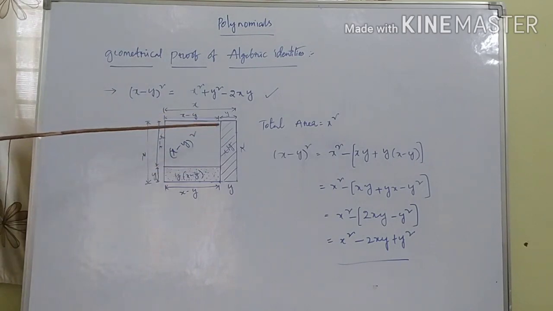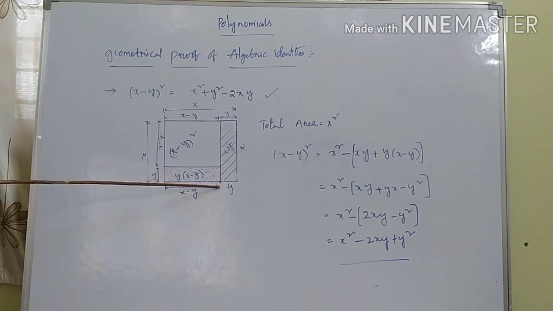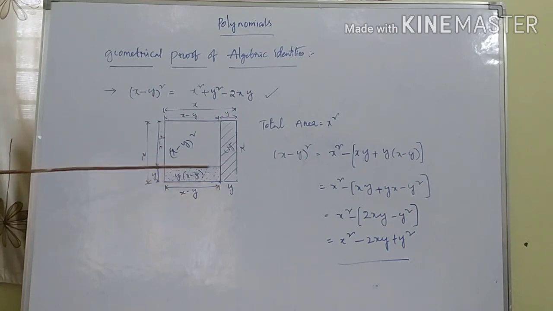Subtract a length of y from the total length x, so the length of y is this portion. So the length of this side is x − y. Here also x − y. Here join y to y and y to this point.